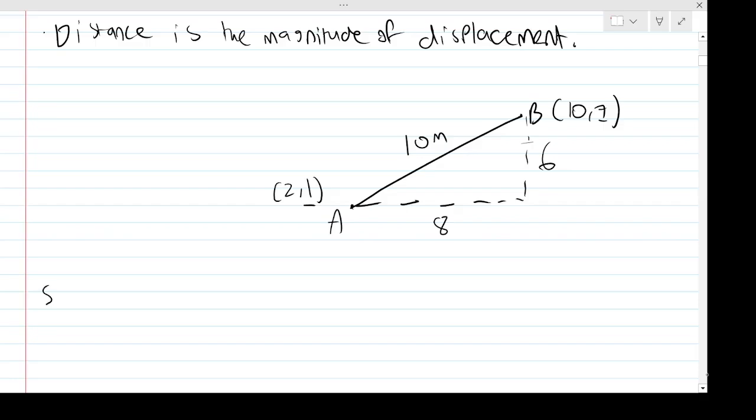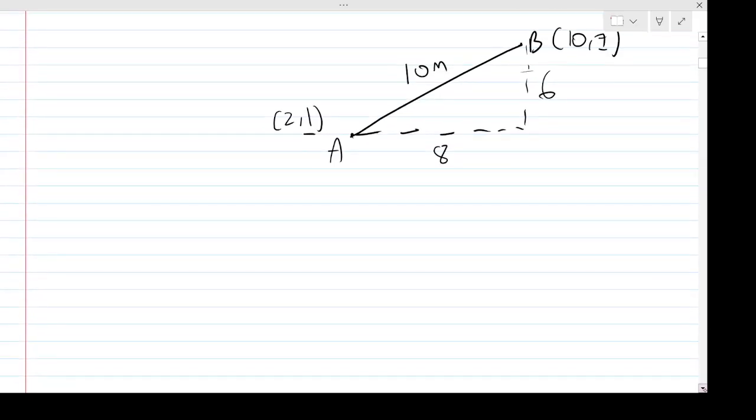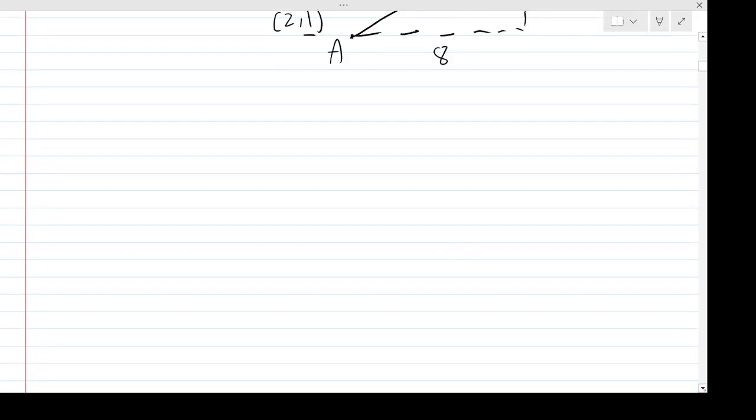So speed. Let's say the speed of someone walking. Actually, I'm going to do it down here. Let's say that the speed of someone is 5 meters per second, right?